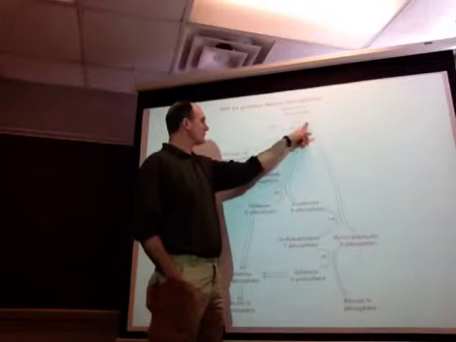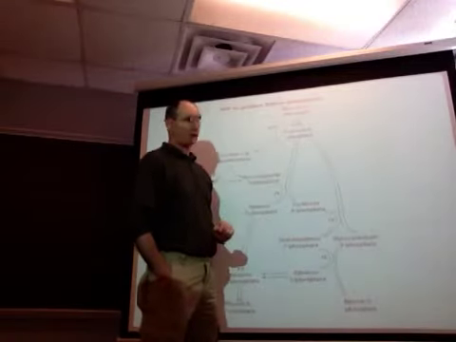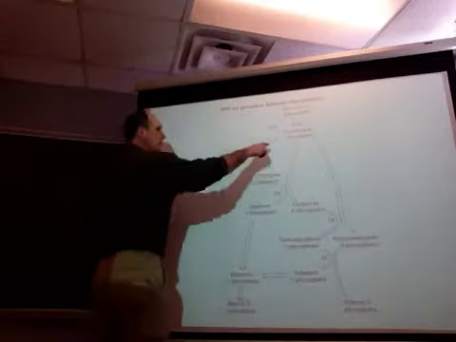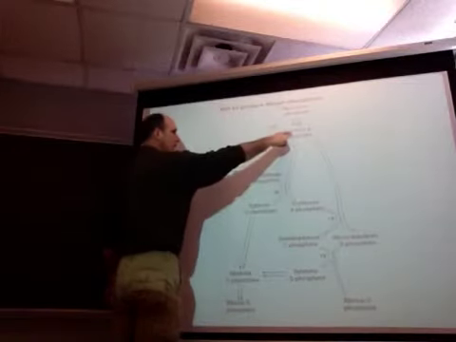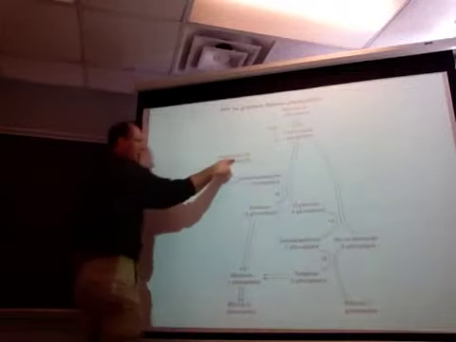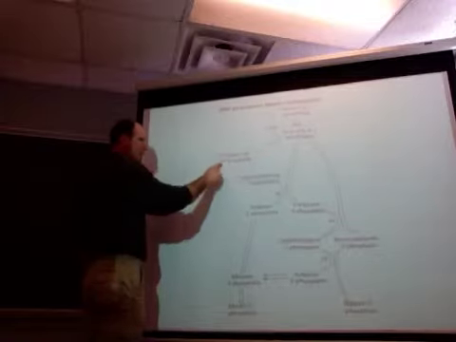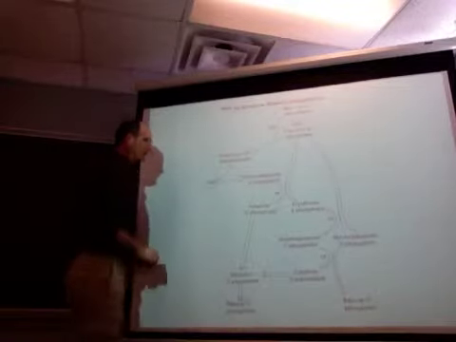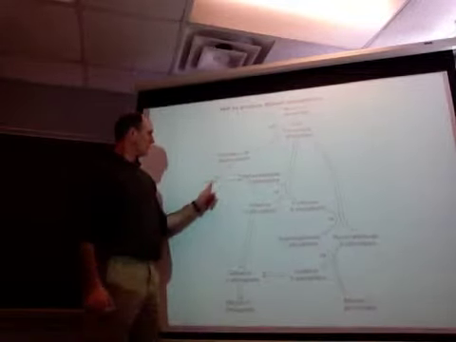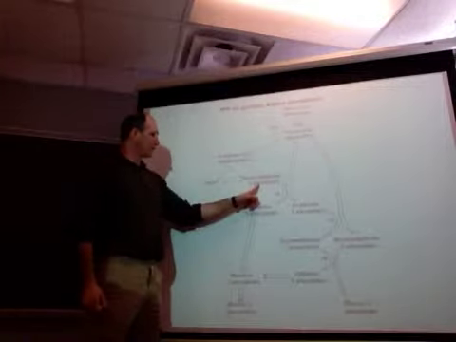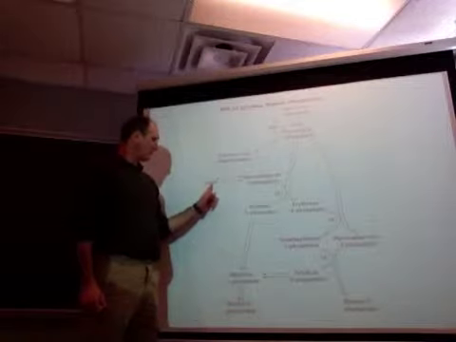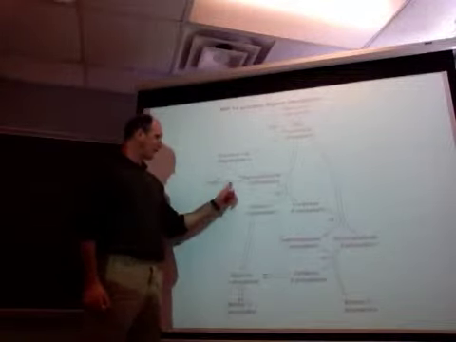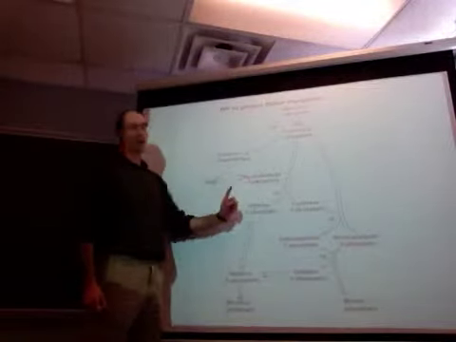So from glucose 6-phosphate, we can make fructose 6-phosphate. We can use phosphofructokinase to make fructose 1,6-bisphosphate. Aldolase to make dihydroxyacetone phosphate and glyceraldehyde 3-phosphate. The triose phosphate isomerase to convert this dihydroxyacetone phosphate into a second glyceraldehyde 3-phosphate.